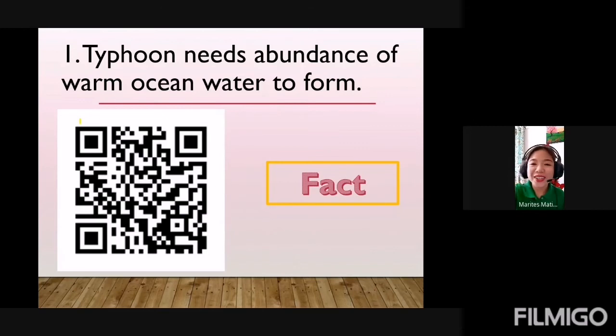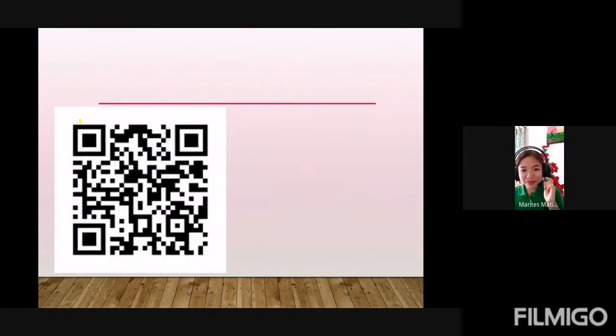So, the answer is fact. Okay, so very good, mga anak. So, typhoon needs abundance of warm ocean water to form. Okay, very good. Okay, next. Number 2. Your timer starts now.